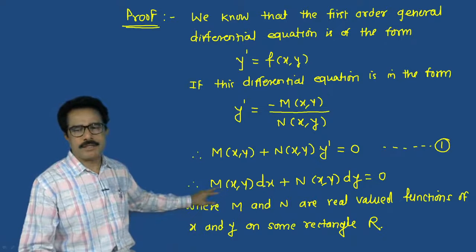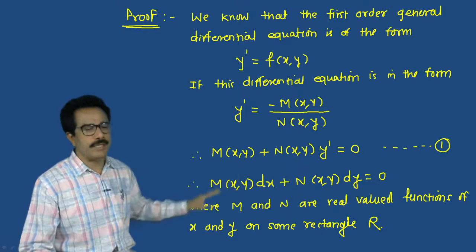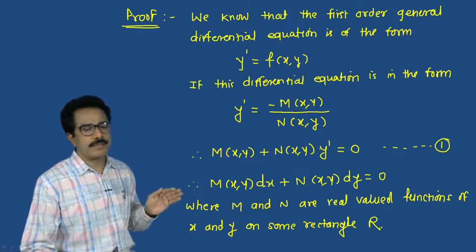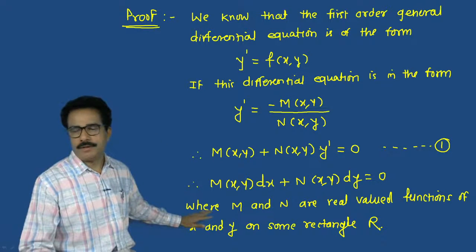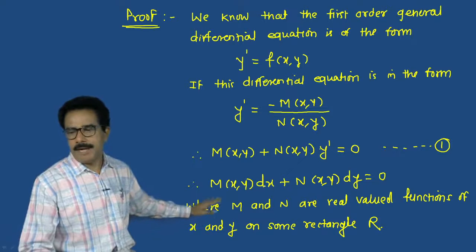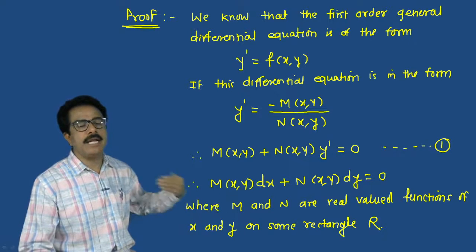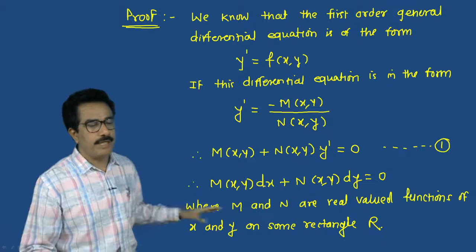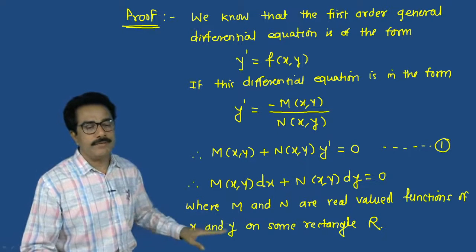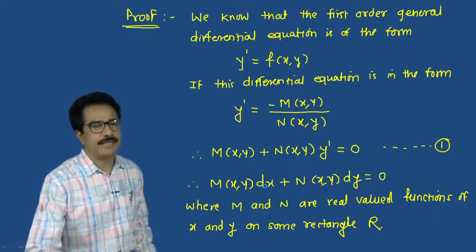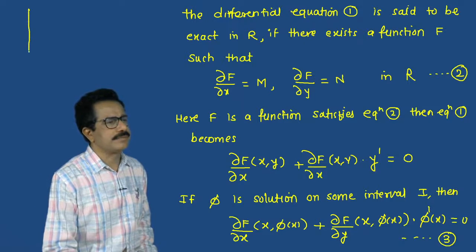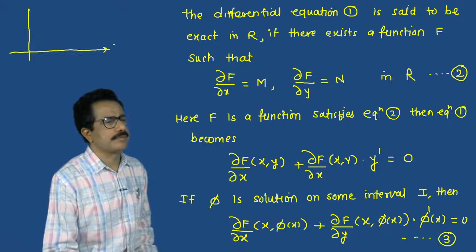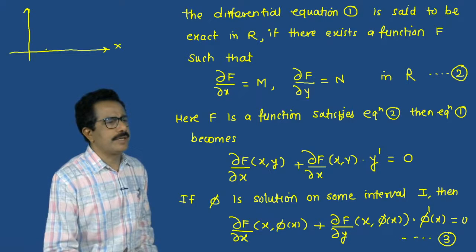Now see this: capital M of x comma y into dx plus N of x comma y into dy is equal to 0, where M and N are real valued functions of x comma y on some rectangle R. Rectangle means it has some condition for x and y.